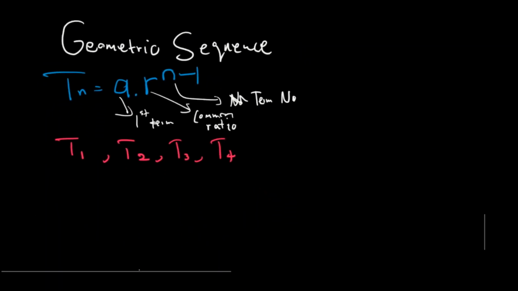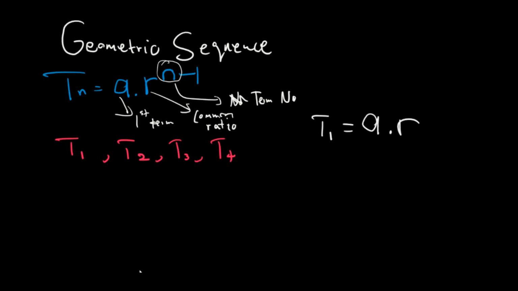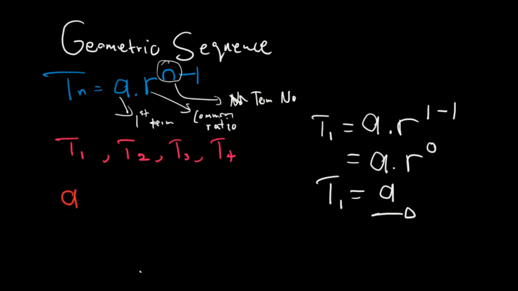If we want term number 1, we substitute 1 where there's n, so it's a multiplied by r to the power of 1 minus 1, which is a multiplied by r to the power of 0. Anything to the power of 0 is 1, so our term number 1 equals a. Here, we're just going to write a.